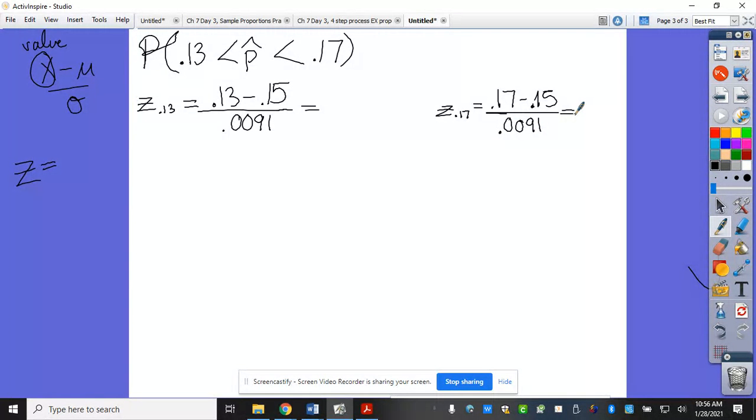How many decimals do I round to for z? 2. What do I get as my lower bound? Or what do I get when I plug in this one? -2.